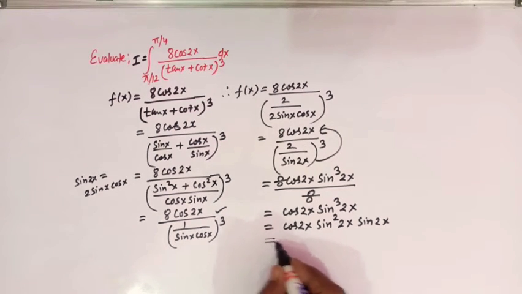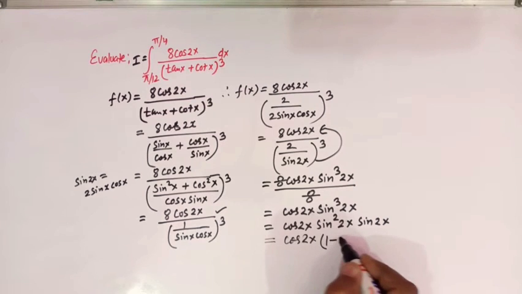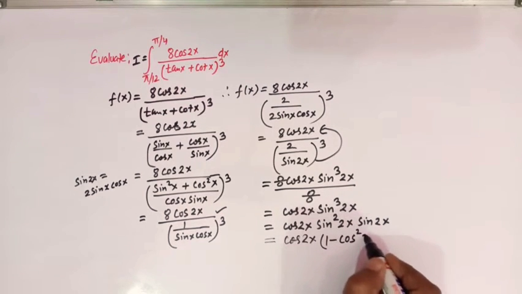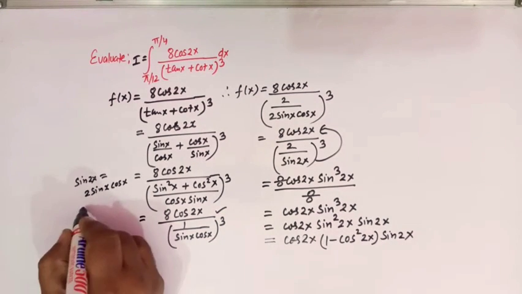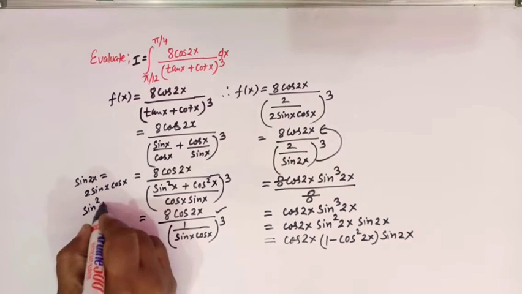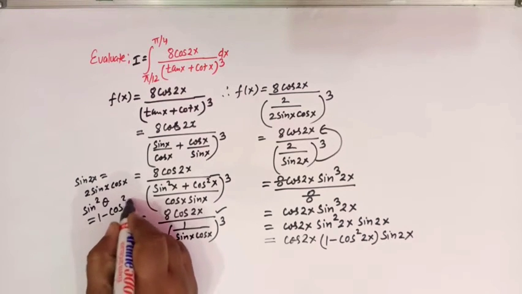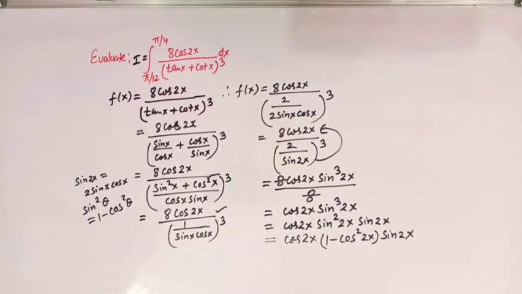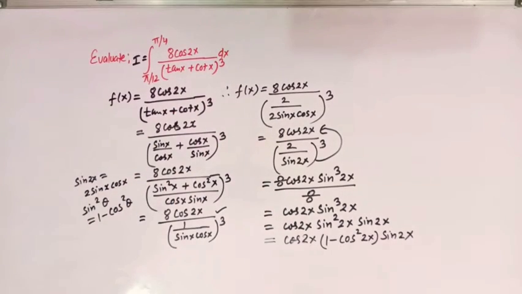So now we have cos 2x, and sin square 2x can be written as 1 minus cos square 2x, and here we have sin 2x, because sin square theta is equal to 1 minus cos square theta. So viewers, so far we have simplified our integrand to this expression.